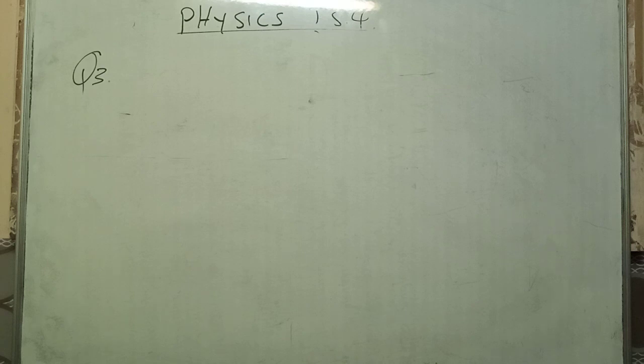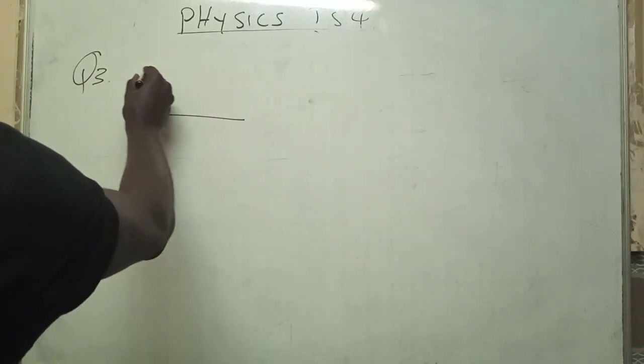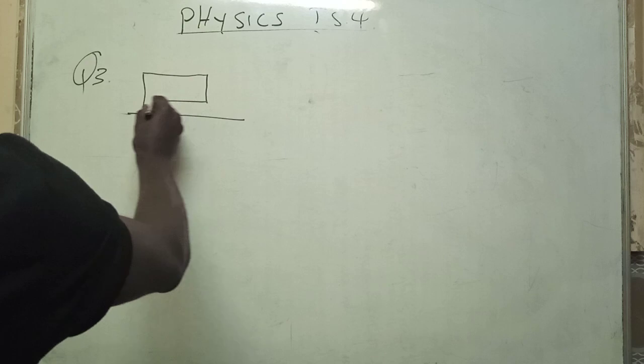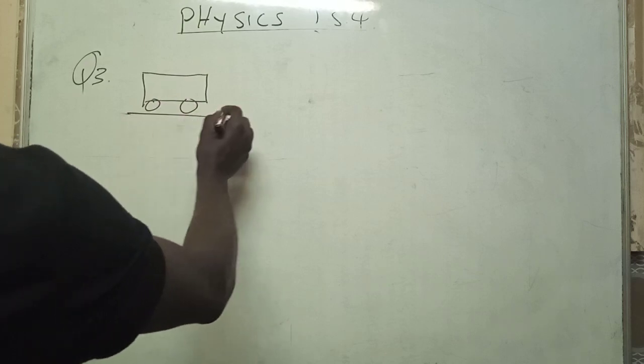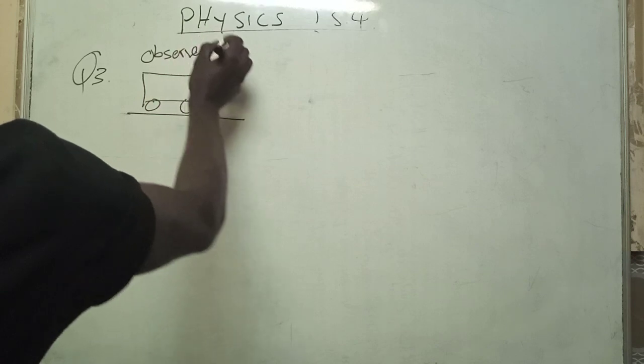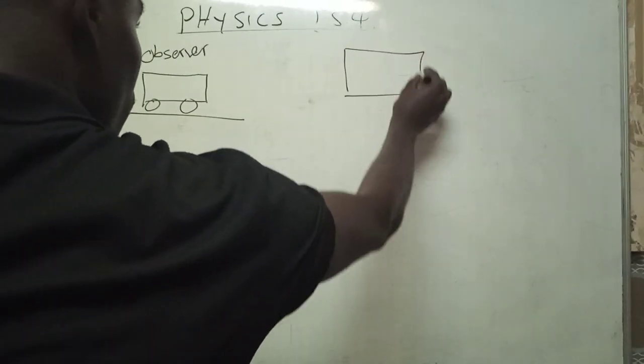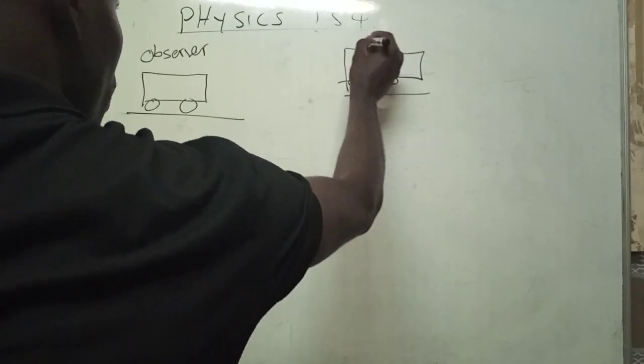From the question we can see that we have an observer and a source. Let's say we have this car here; we're going to call this one our observer, and we have another one, so this is our source.